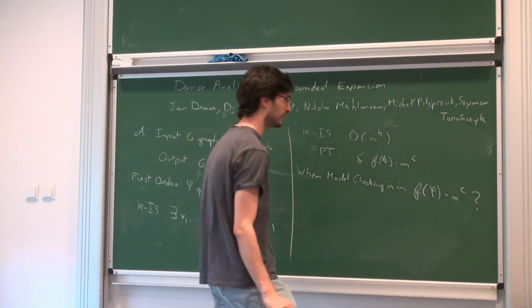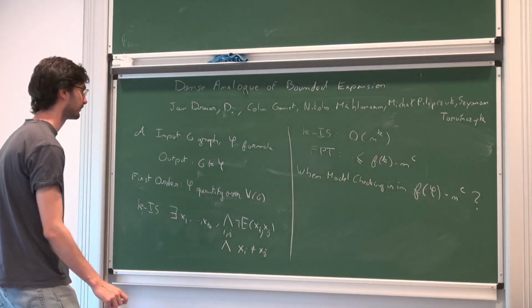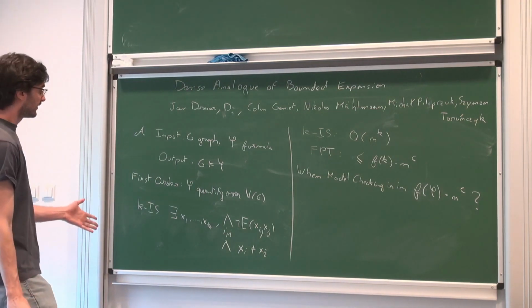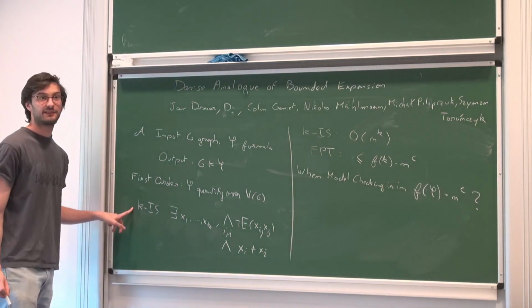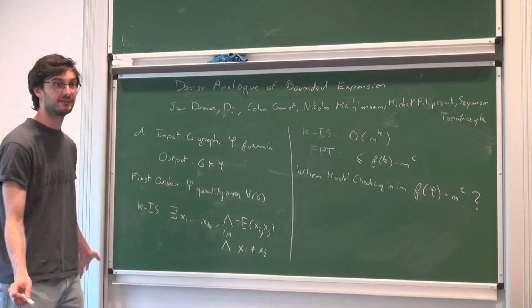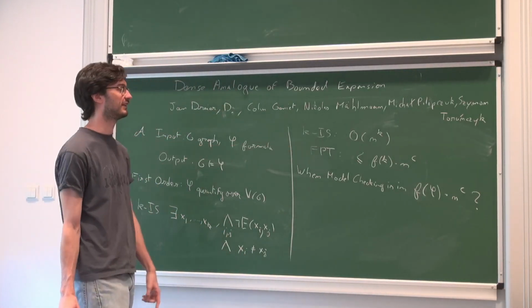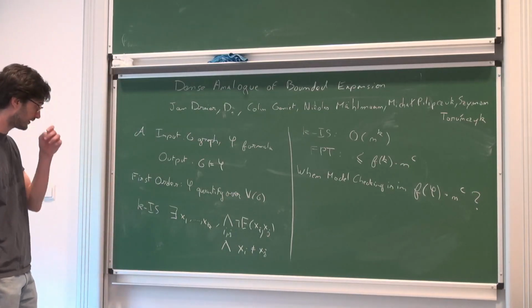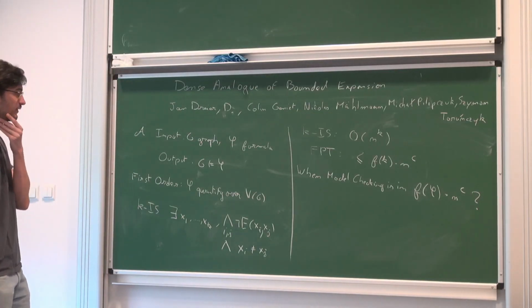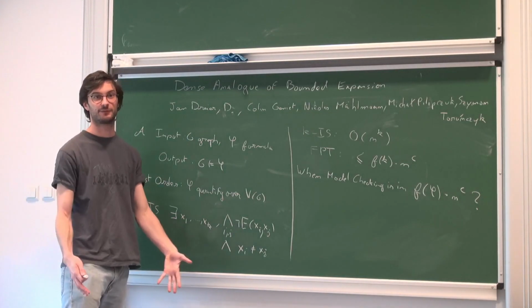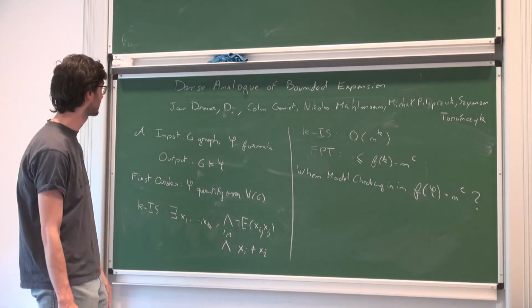This is the main question of our talk. As I said already, k-independent set is not solvable on general graphs in some function of k times n to the c. So we have to restrict ourselves to some special classes of graphs.